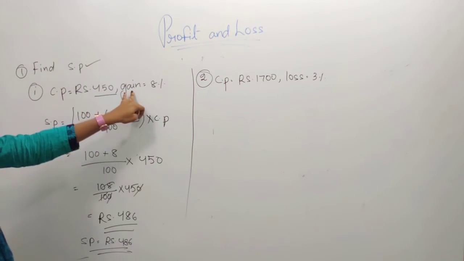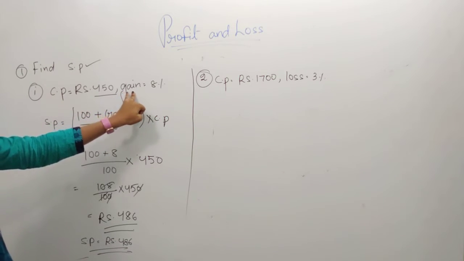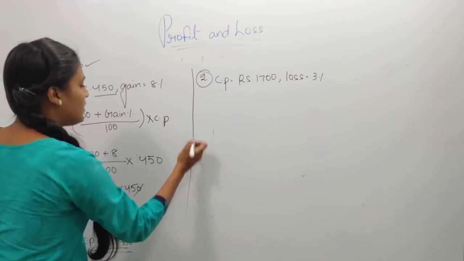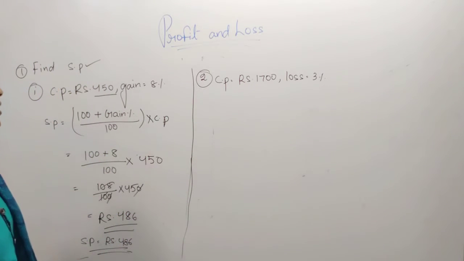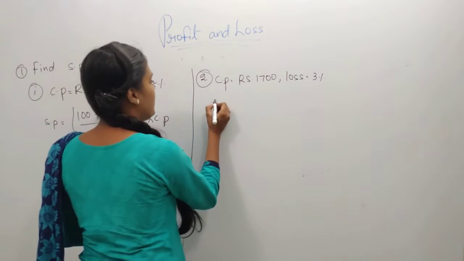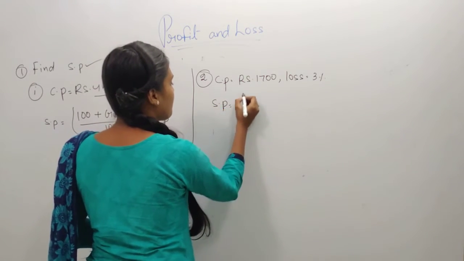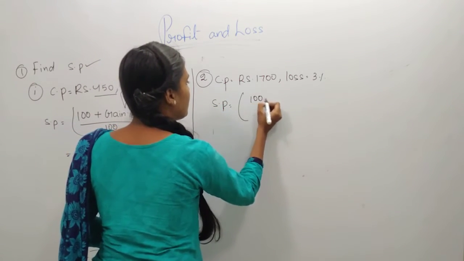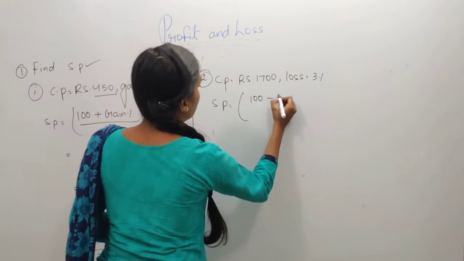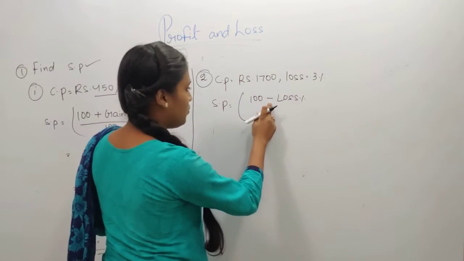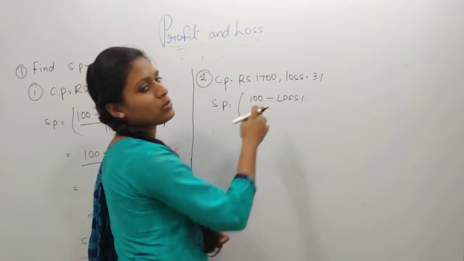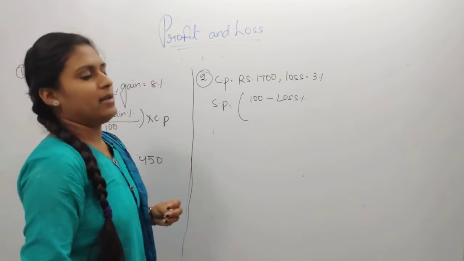We got it. Same as this, here it is given in the question gain. Now we have to solve the problem similarly for loss percent. We have to find SP, which is equal to (100 minus loss percent). Why do we put minus here? In loss, we lose some money.